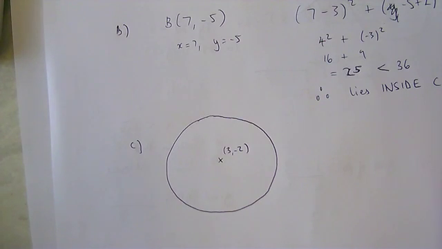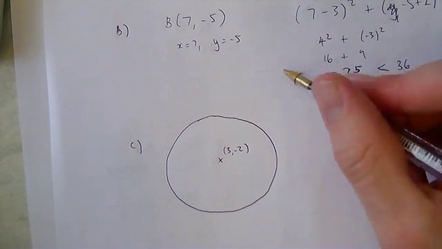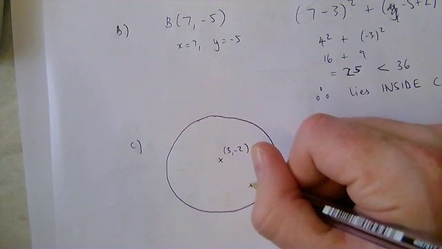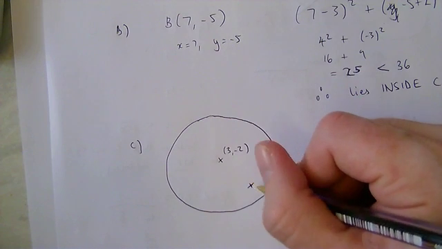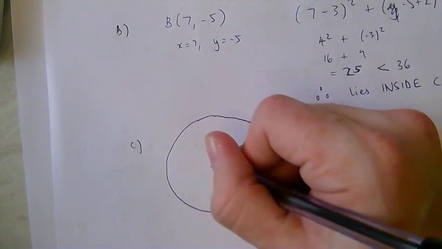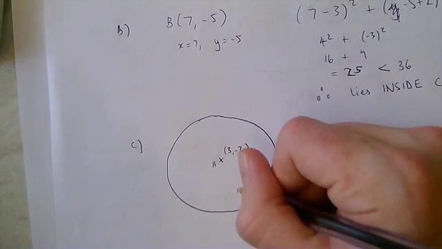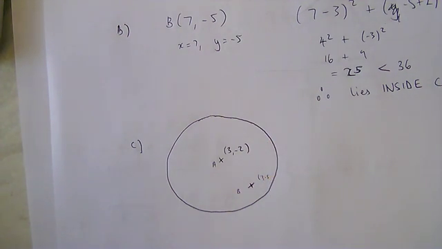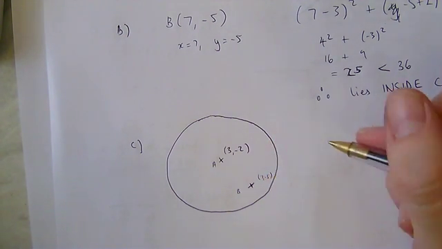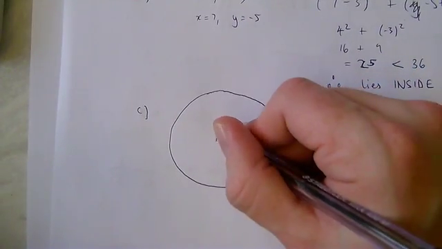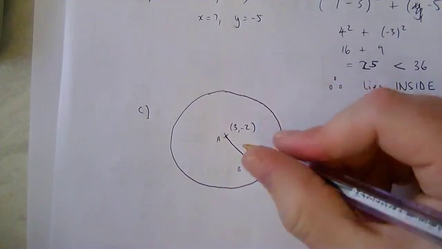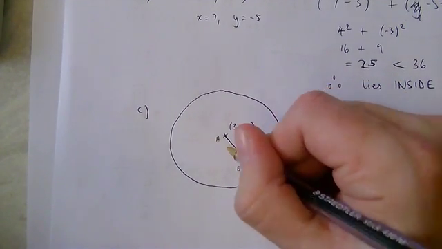Okay, now I've just found this point B, 7 minus 5. So 7 minus 5 must be here. And I'll draw it inside purely because I know that it lies within the circle C from what I found before. So that is A, and this is B. That's 7 minus 5. Now, in terms of what I just worked out, this distance here, before I square root it, was 25.